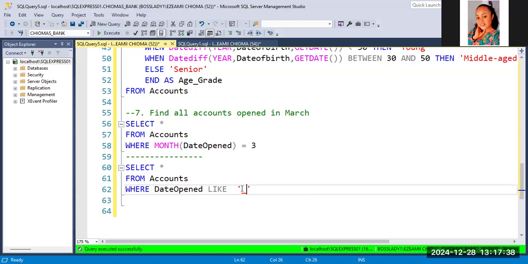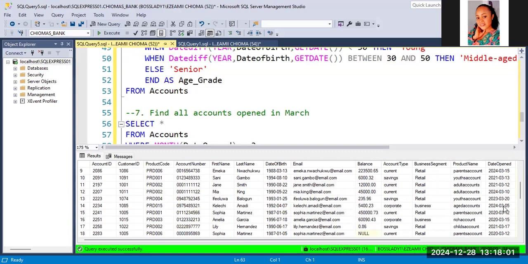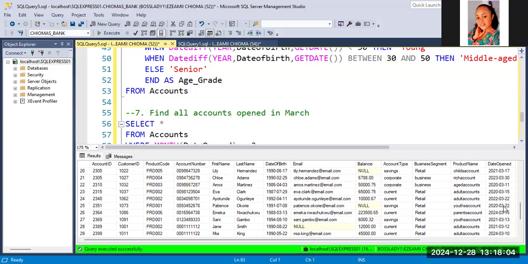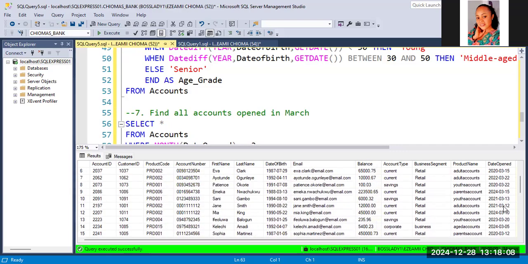So we use the underscore to count the year. That's 4, 1, 2, 3, 4. All right. So we have this, and we have 0, 3, and then anything can come after this. So this will give us accounts open in March. You see, this will give us accounts open in March.